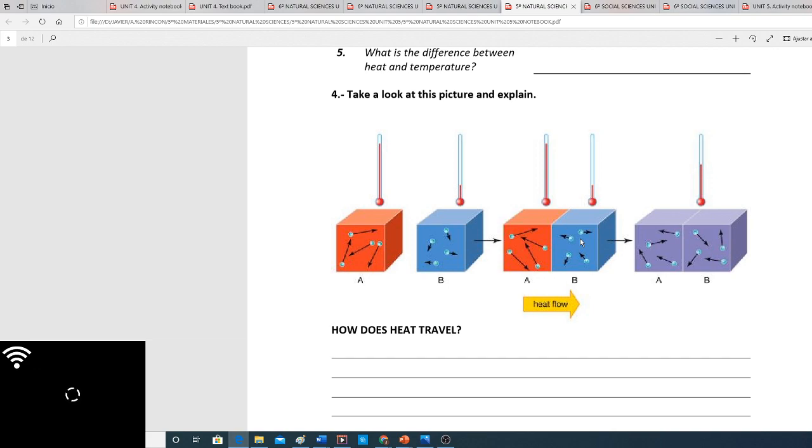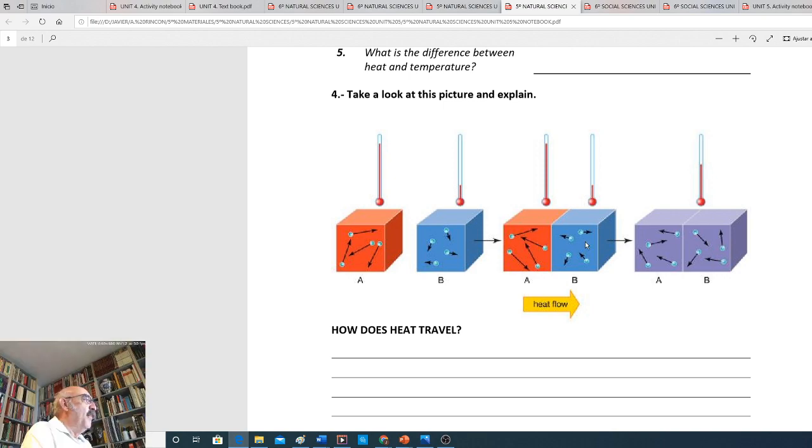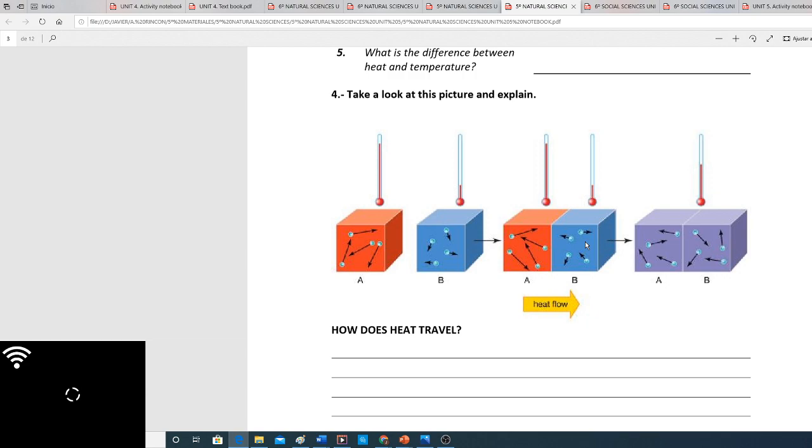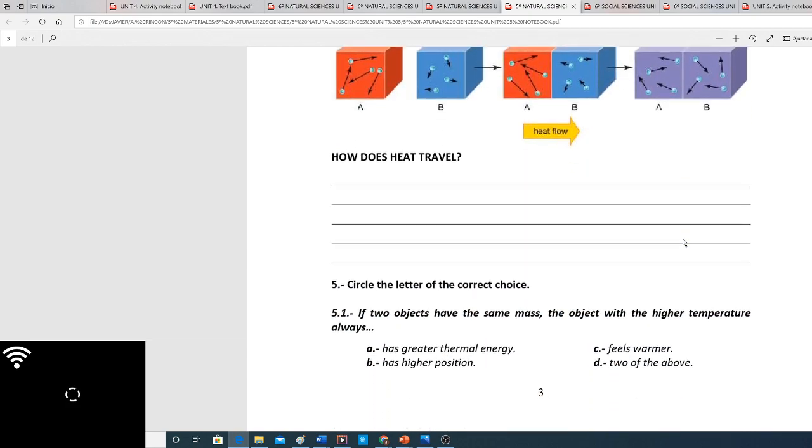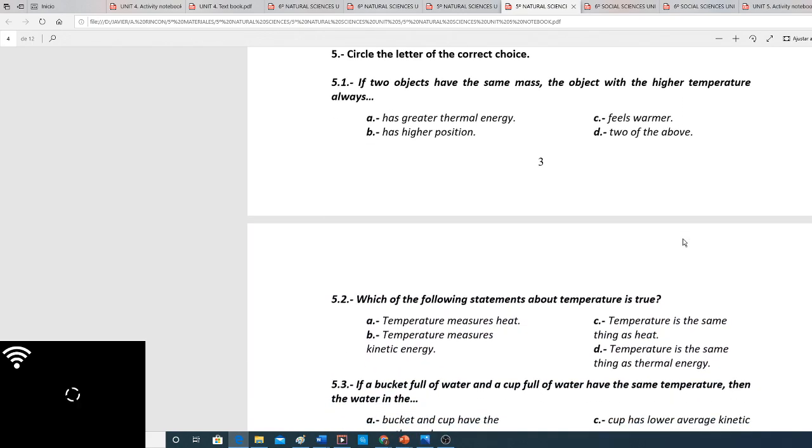So, how does heat travel? By moving from the hotter object to the colder object, not the other way around, until it reaches an equilibrium. And I want your participation in exercise number 5. Let's read 5.1.